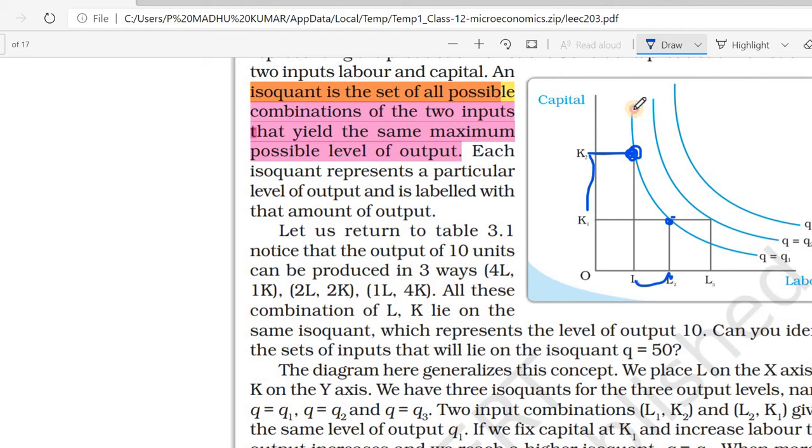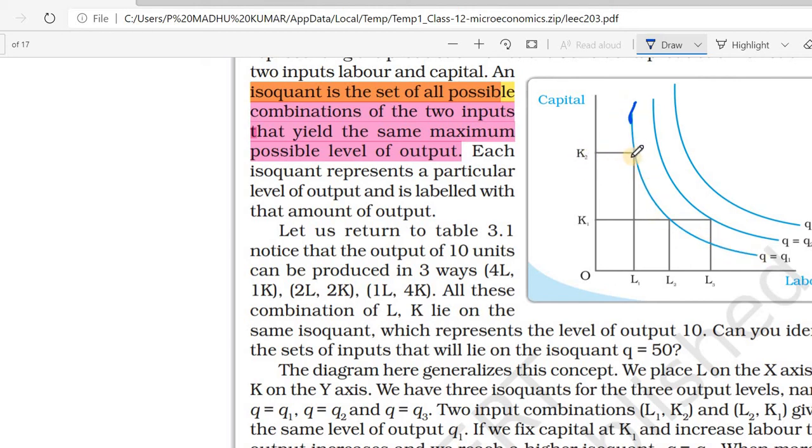We can see this is the same isoquant. In this isoquant, it is showing 10 units of output. If the producer chooses this level or any level on it, he will get 10 units of output.